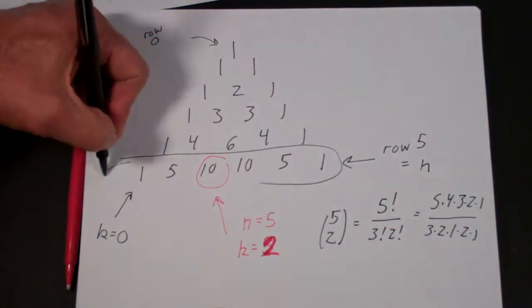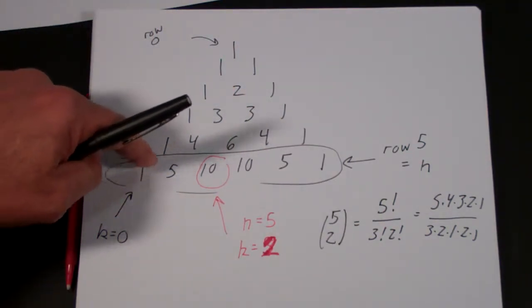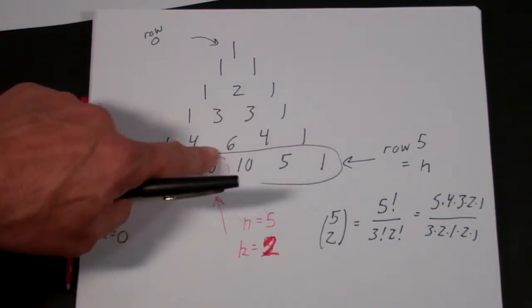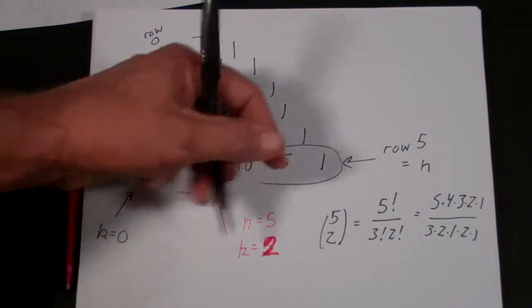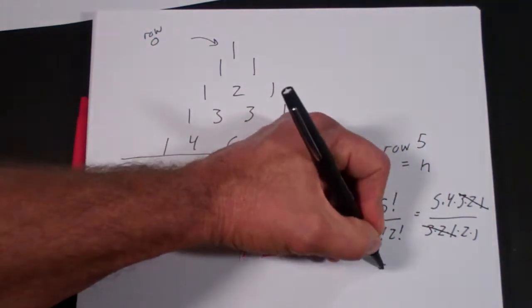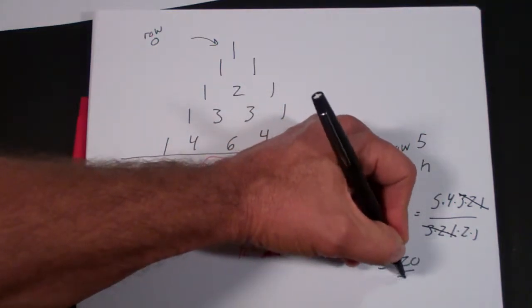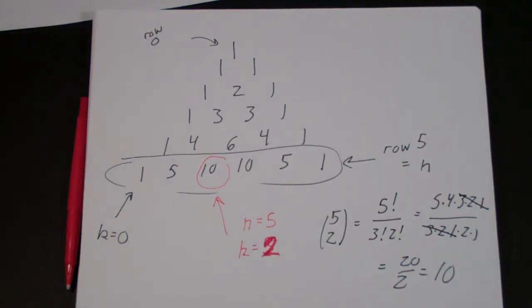So n is 5. And counting over, starting with 0, k is equal to 0, 1, 2. So this element right here is n equal to 5 and k equal to 2. And if we look at that, the 3, the 2, and the 1 cancel with the 3, the 2, and the 1, and we get 20 over 2, or 10, which is exactly that number. And that's what you need to know about binomial coefficients, and we'll actually talk about the formula for binomial probability in the next video.